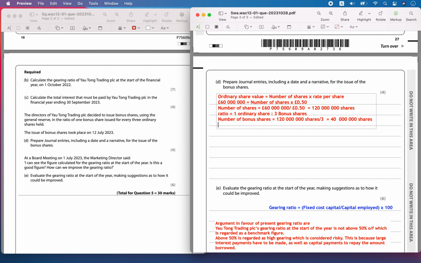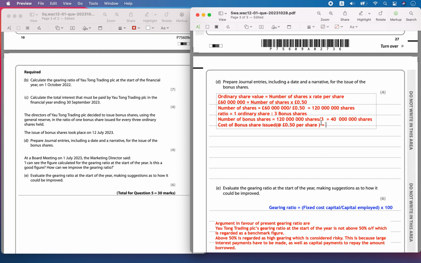So the value of the bonus share, or the cost of bonus share issued, is at the same rate of 0.5 per share.